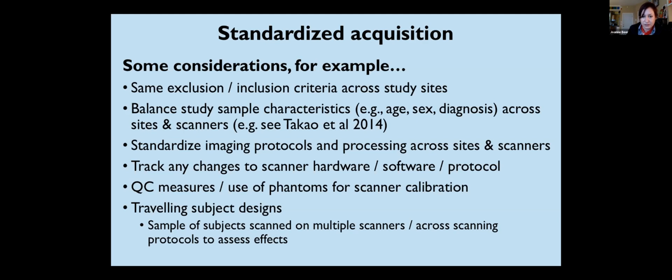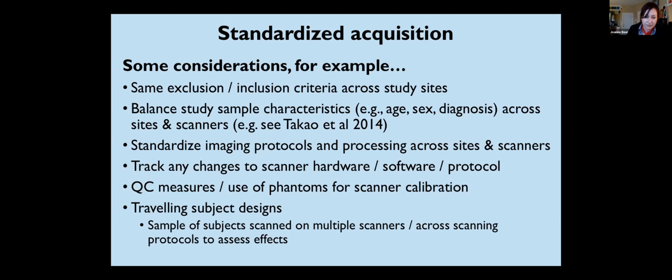And standardizing imaging protocols and processing across sites and scanners is important, as well as tracking any changes. Often there might be scanner upgrades or software upgrades during the course of a study, so that should be tracked carefully if possible.